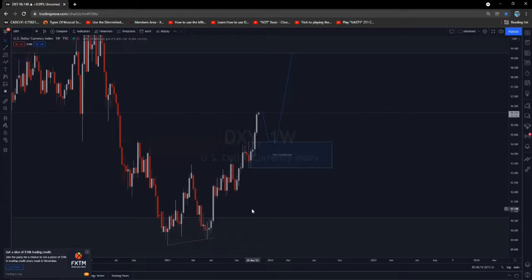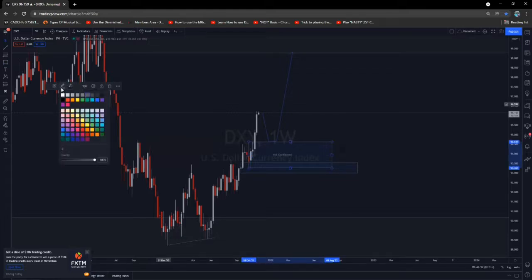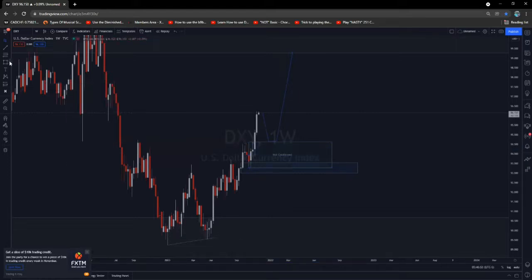But the area that's being confirmed is this one over here. So if you look at this area over here, let me use a different shade for this one. Green. All right, green. So if we're looking for areas that have broken previous structure, then a good area will be this one over here.